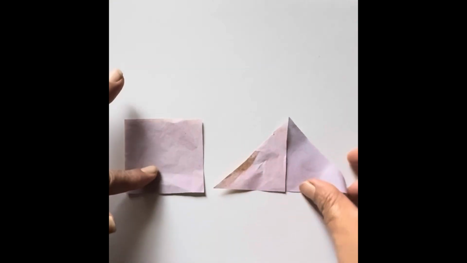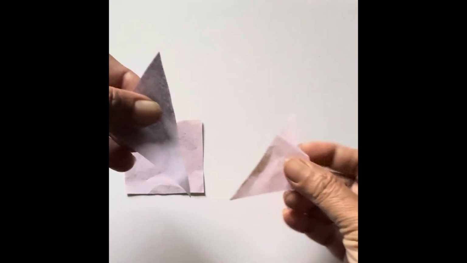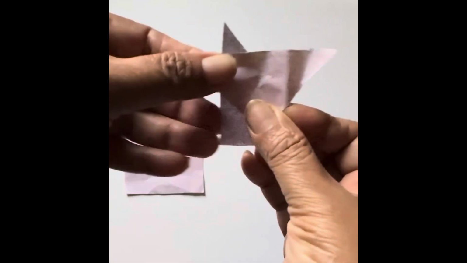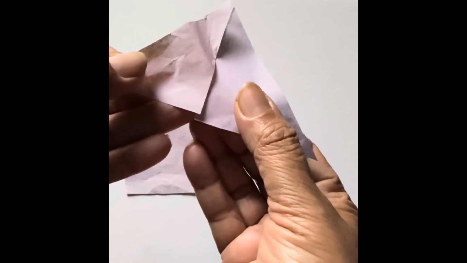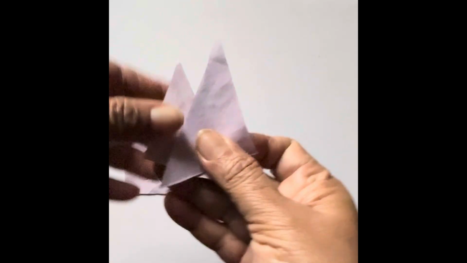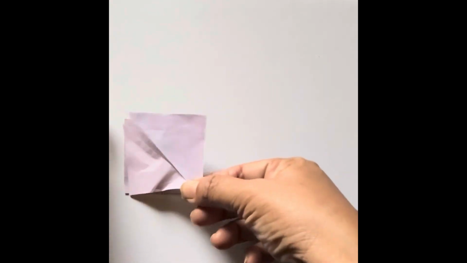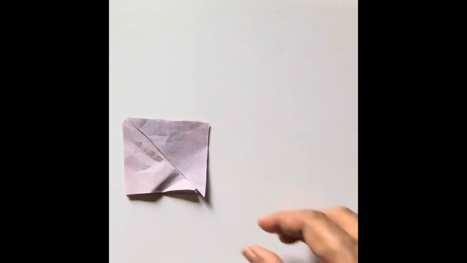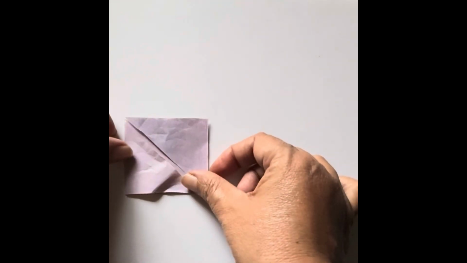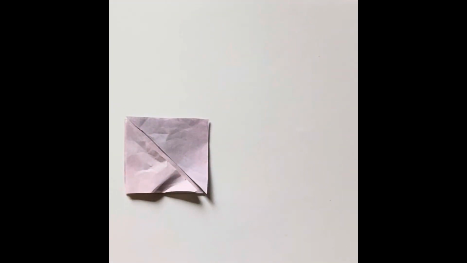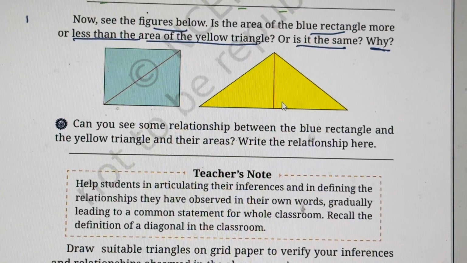But see the magic. Now, if we take this triangle and cut it into two parts, I already cut it and kept it ready. Then we can just combine them and keep them on this. So magically they have the same area. So from the activity we understood that both have the same area.